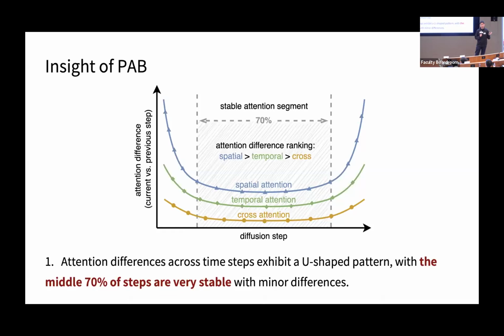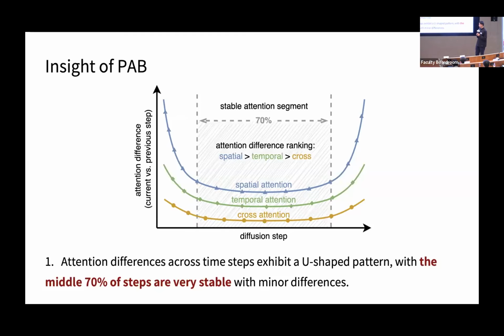From step 2 to step 3, from step 3 to step 4, step 4 to 5, and then 5 to 6, 6 to 7, right? How different, right? Because we know for the diffusion model, you can have 100 steps, right? You can also have 200 steps, right? Denoise, denoise, denoise, add noise, add noise, add noise, right? It's just many different steps.